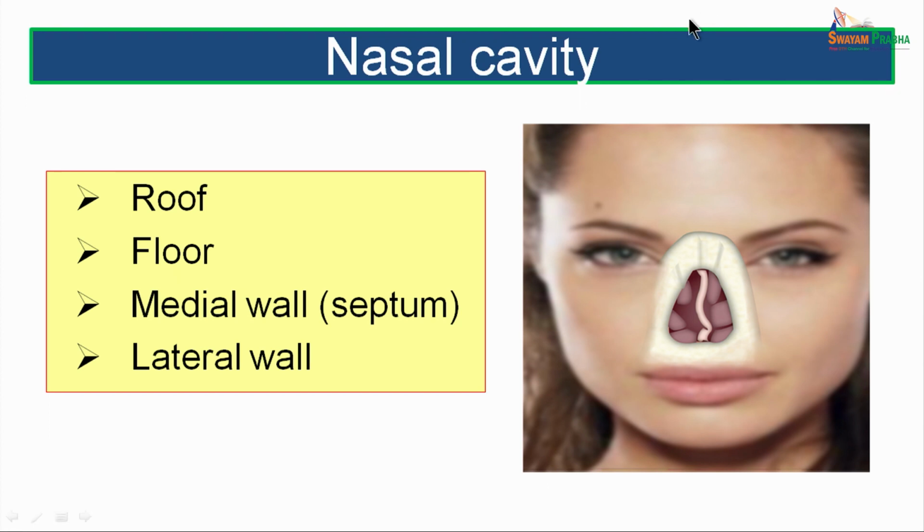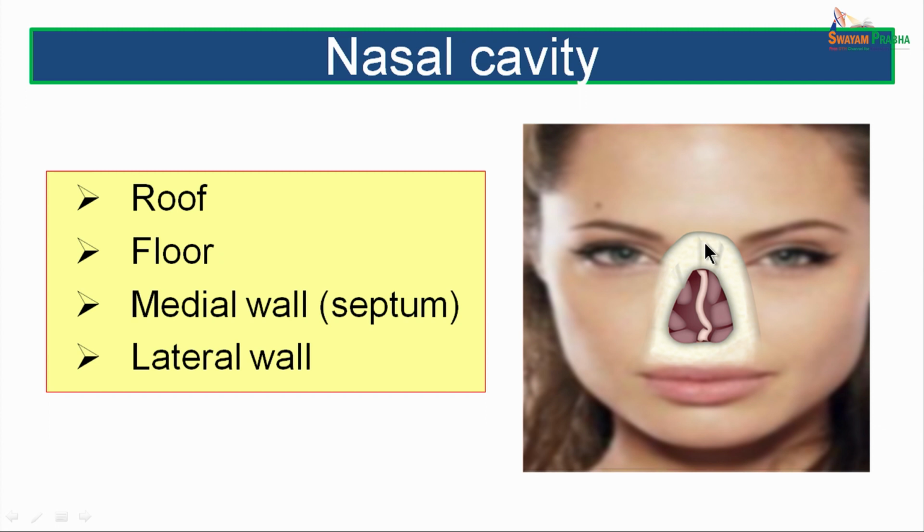The picture here shows you the nasal cavity. This superior end is the roof, the inferior end is the floor. This is the medial wall or the nasal septum, which in the majority of us is deviated to either the right or the left side.